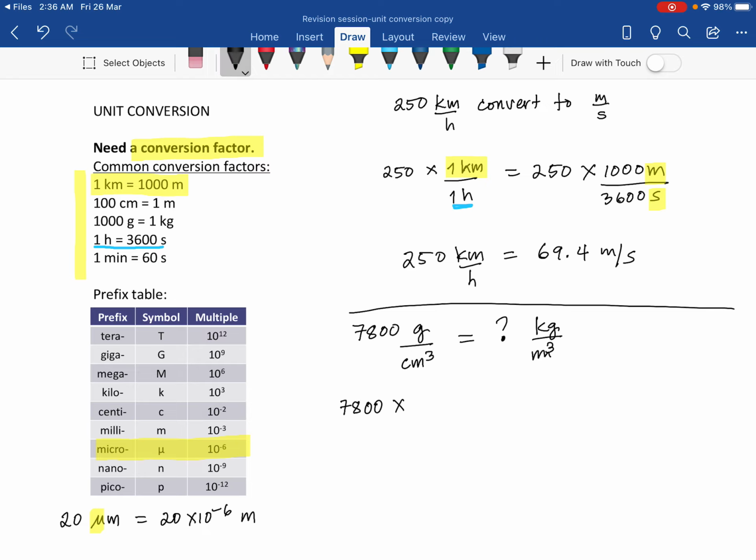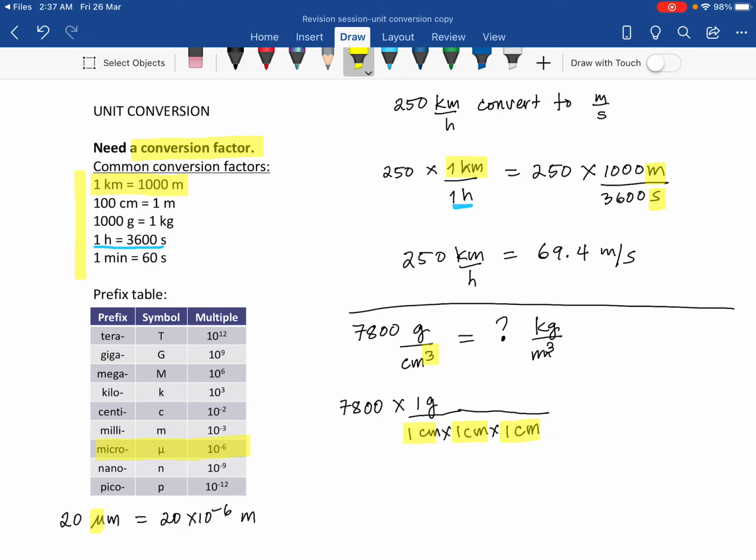So 7,800 times 1 gram divided by 1 centimeter times 1 centimeter times 1 centimeter. Okay. So centimeter cubed means that there are 3 units of centimeters in a centimeter cubed. And so we have 1, 2, 3 units of centimeters.